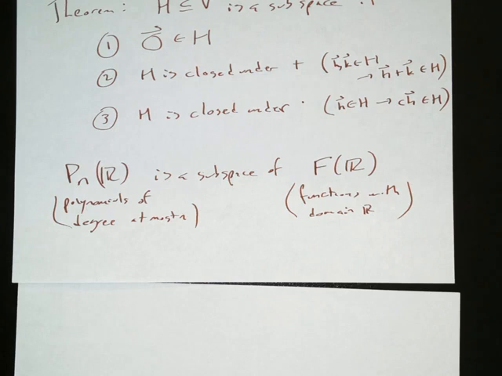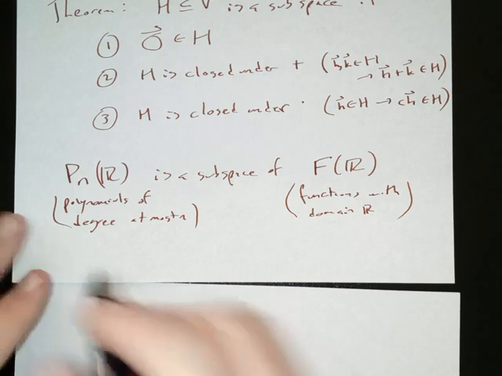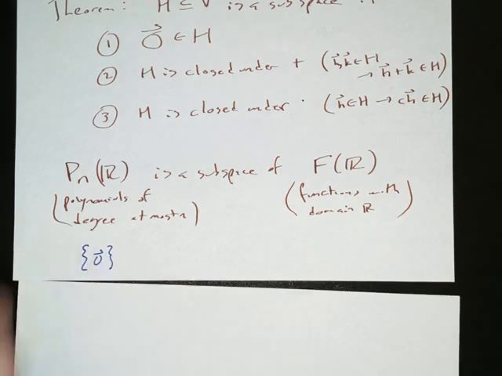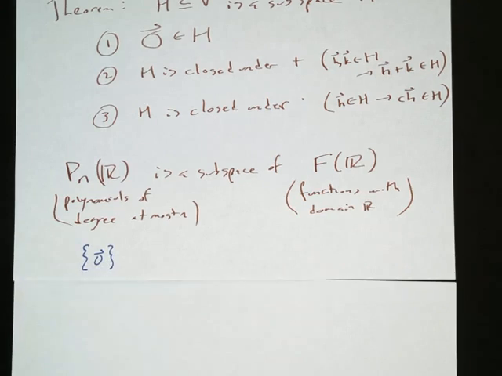Here's a boring example. In any vector space, the subset that only contains 0, does that satisfy all three of the properties? Wait a second. 0 is definitely in there. That's property 1.